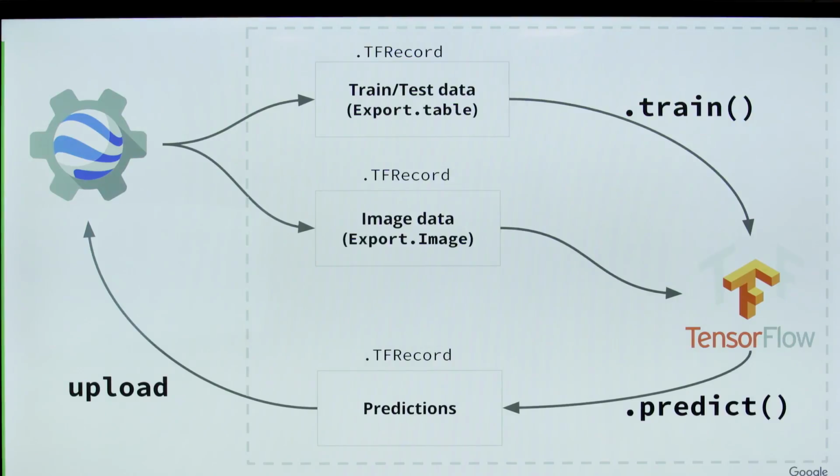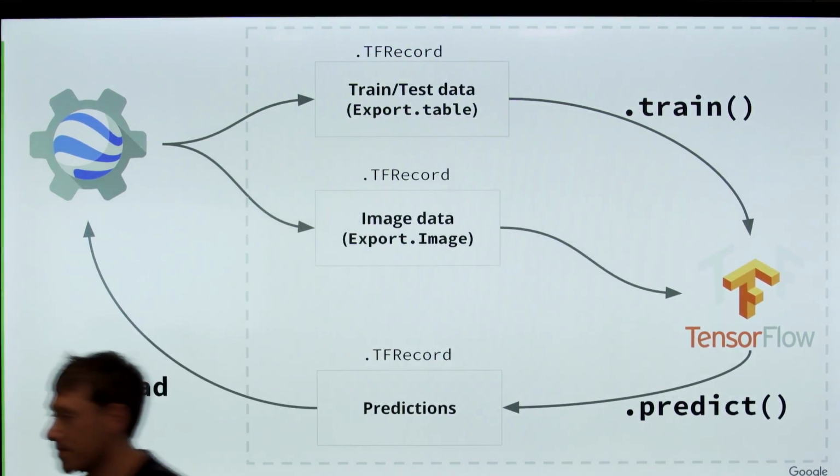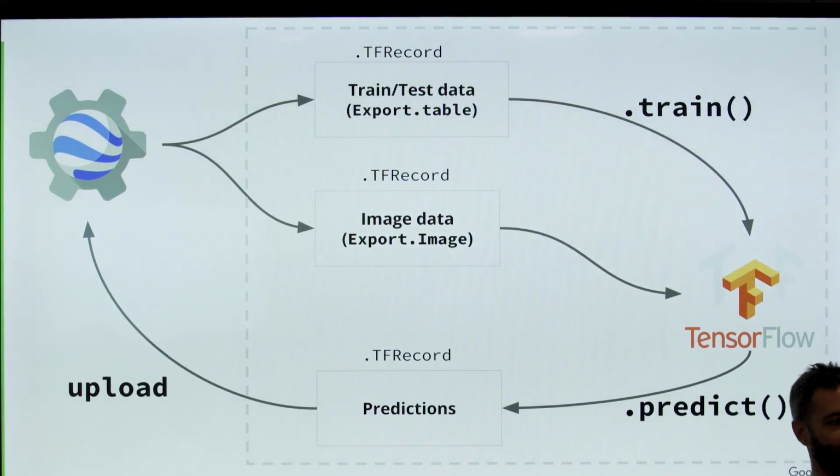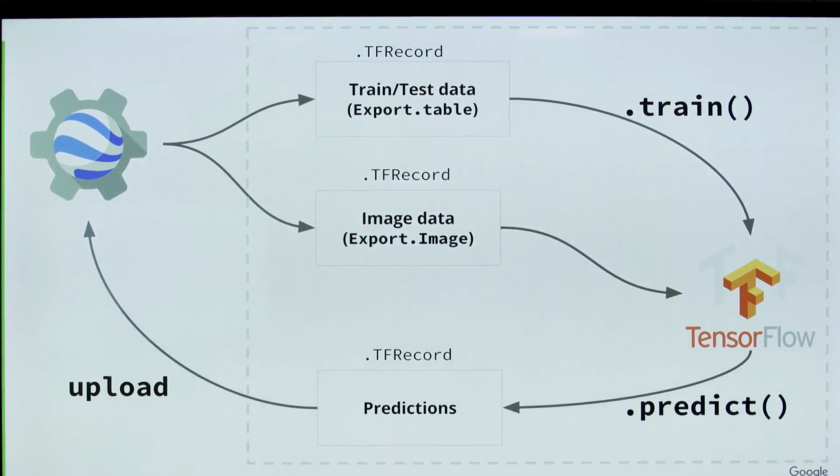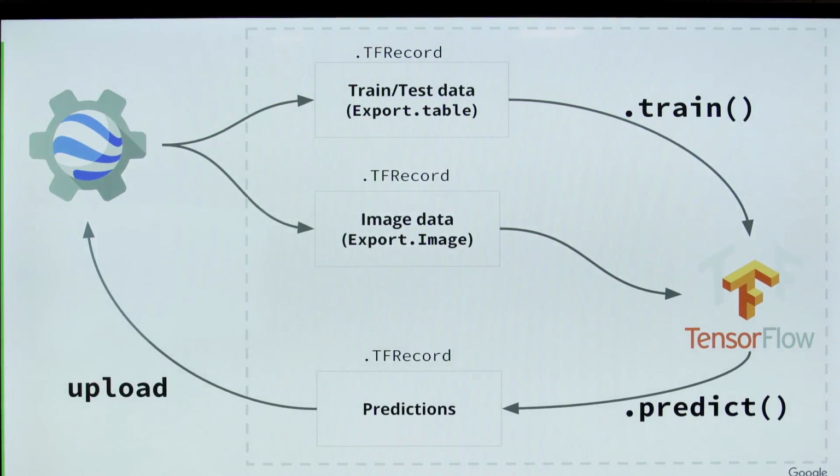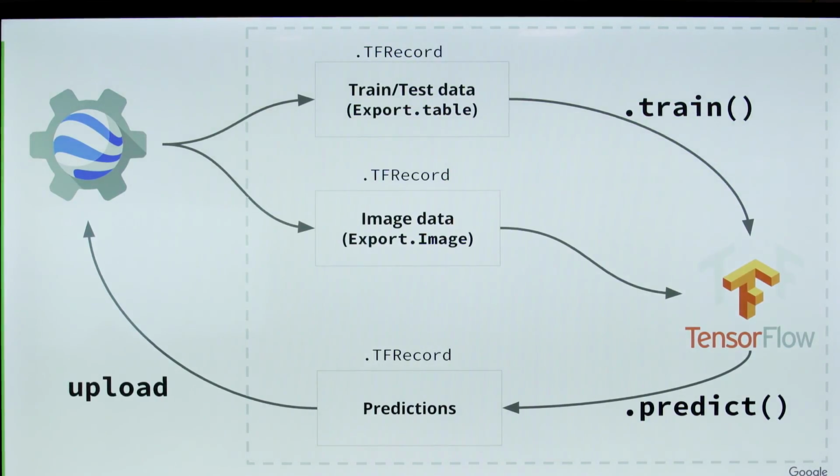So the dashed line on this diagram refers to stuff outside of Earth Engine. So the idea here is that you've got some image data from Earth Engine, and what you're going to do is export it. So we're going to export training data and testing data as tables to TF record files.